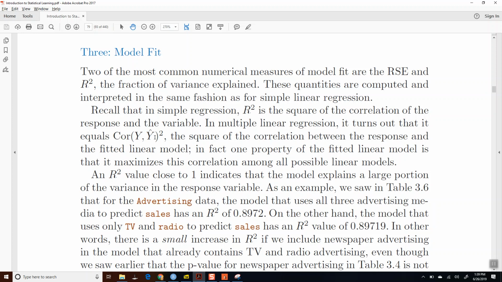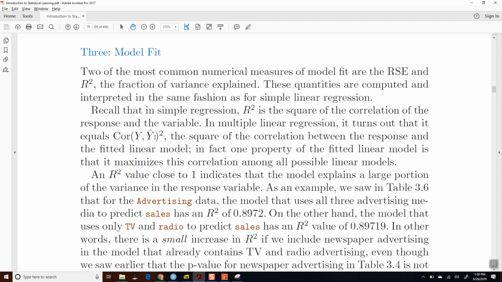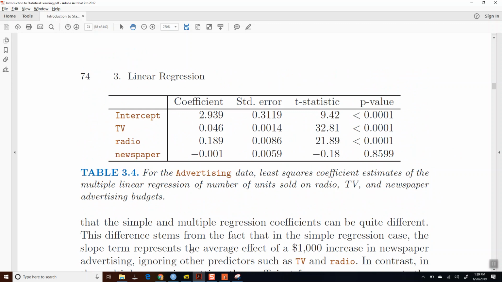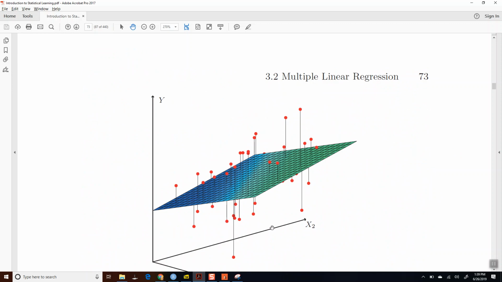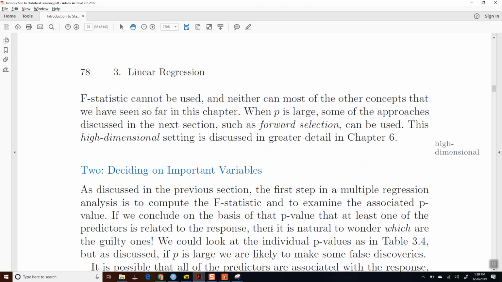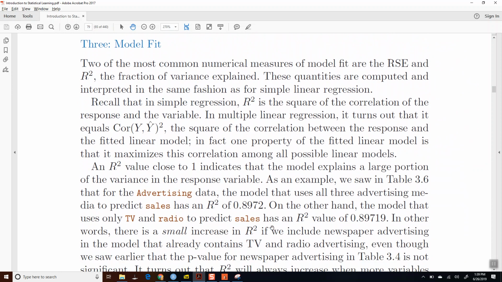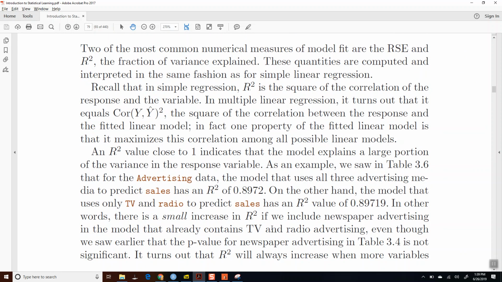And so when you're trying to plot more than two variables, right? When you have two variables, you can plot this three-dimensional surface, but when you've got more than this, you can't really plot a surface or a hyperplane like this. But you can plot the fitted versus the actual, okay?